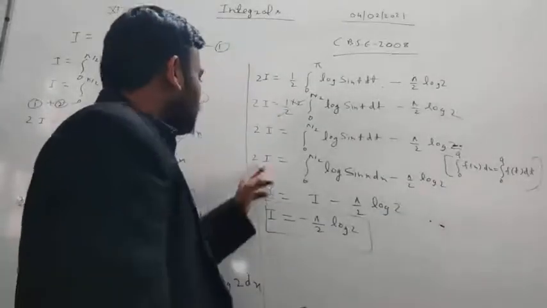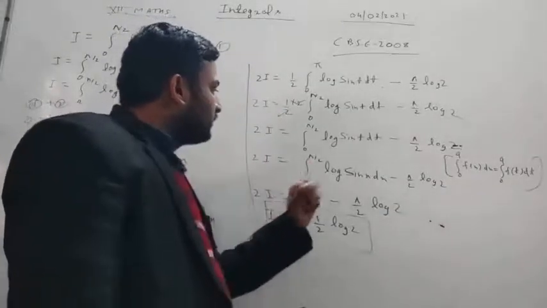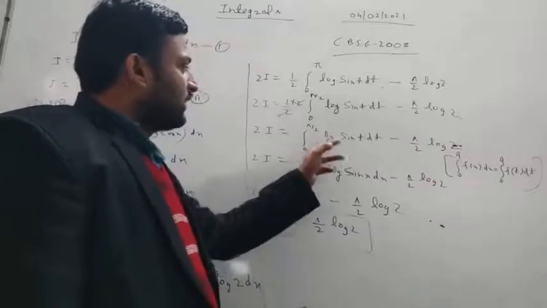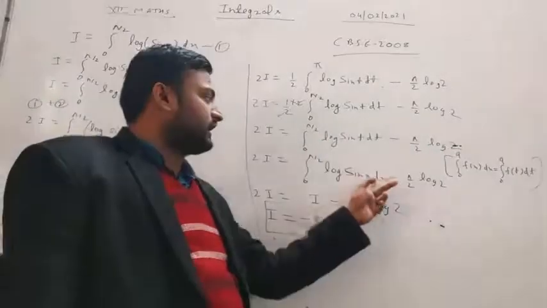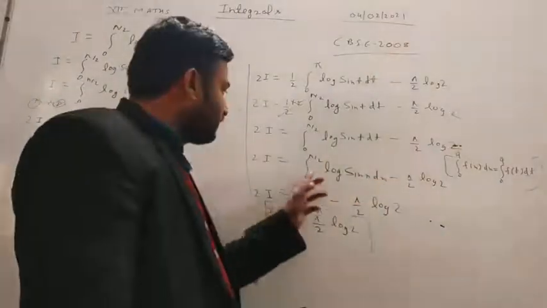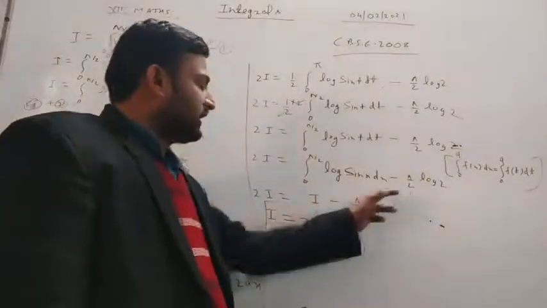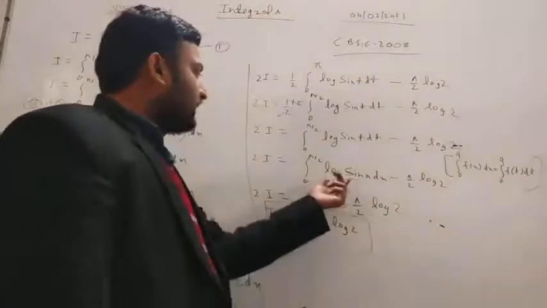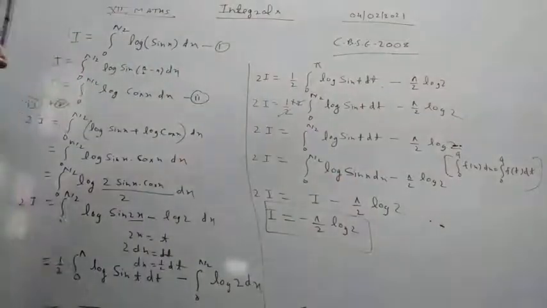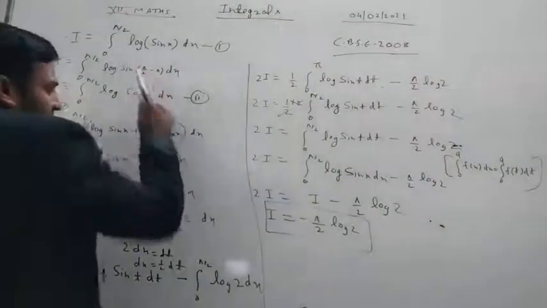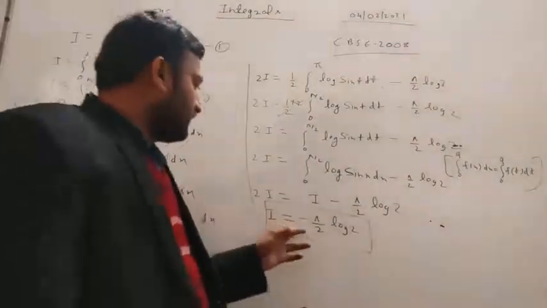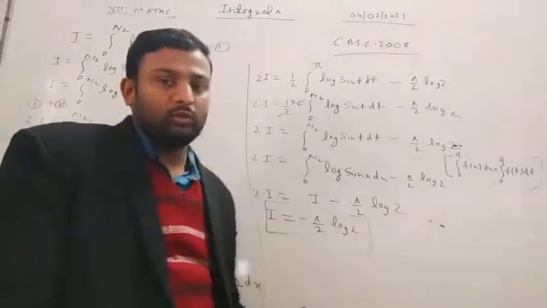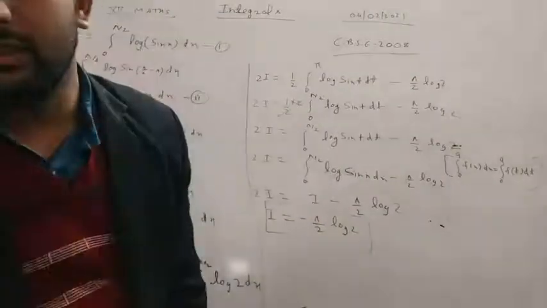Okay students, so 2I is equal to the integral from 0 to pi by 2, and this is 0 to a of log sin t dt, so log sin x dx. So we can write the integral from 0 to pi by 2 of log sin x dx minus pi by 2 log 2, and in place of this we can write I, and I is equal to minus pi by 2 log 2, and this will be our required result.